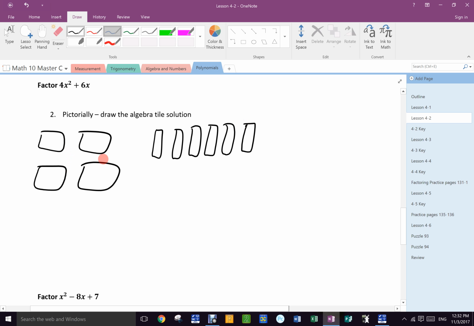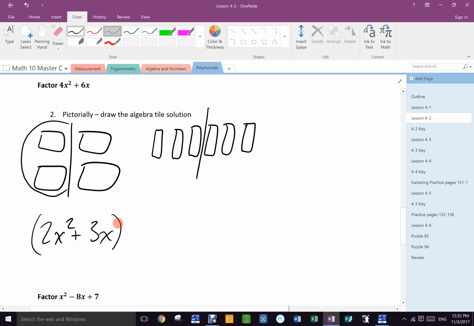I got to cut them in half, don't I? And what do I have in this group? 2x squareds. And what do I have in this group? 3x. It'll show up. It's frozen. Right? And how many groups of both of those did I need? 2. Right? Everybody cool with that?